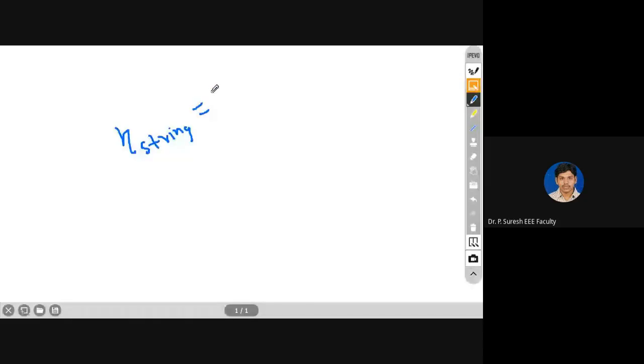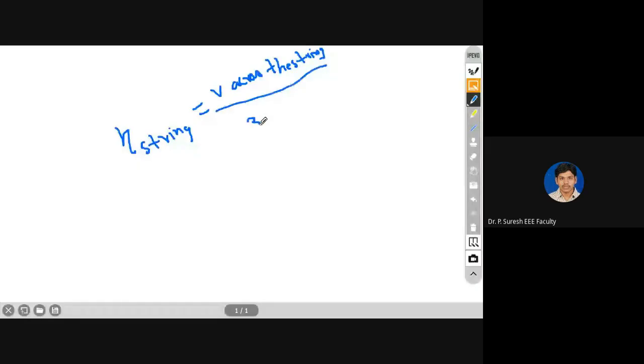Okay. So here one more topic is there: what is the string efficiency? Can anyone tell me the formula for string efficiency? String efficiency is nothing but the voltage across the string divided by the number of discs into the voltage across the disc nearer to the conductor, into 100.